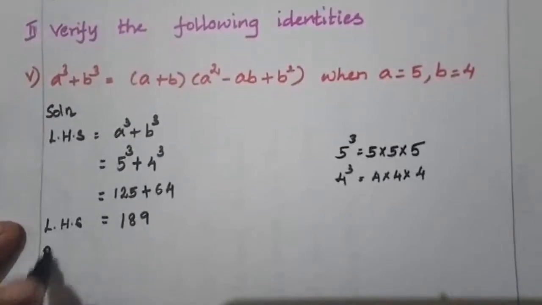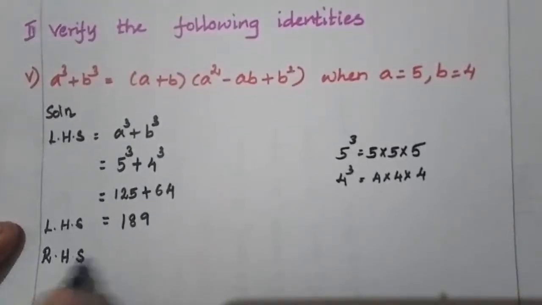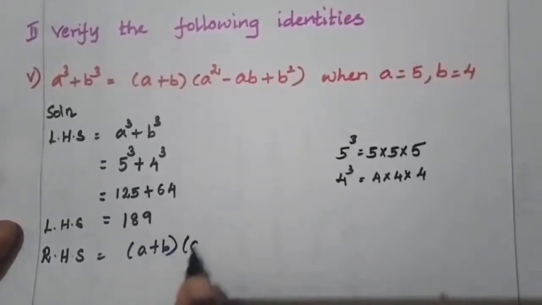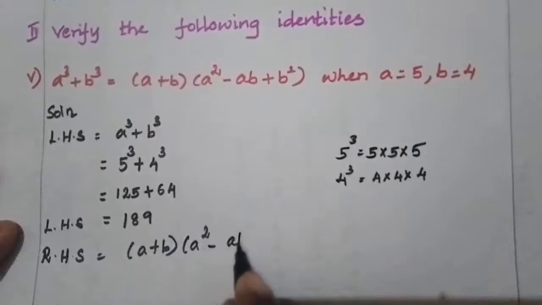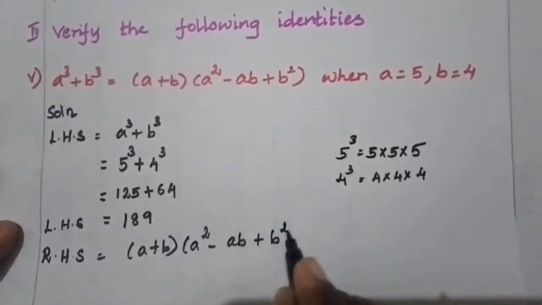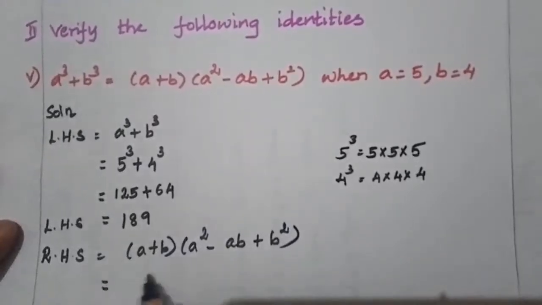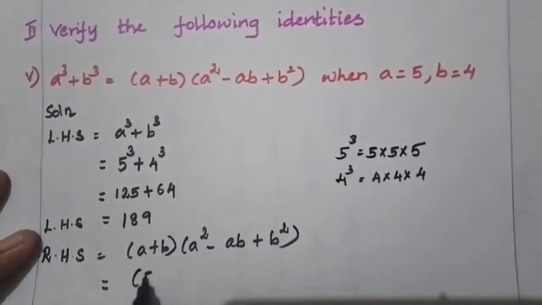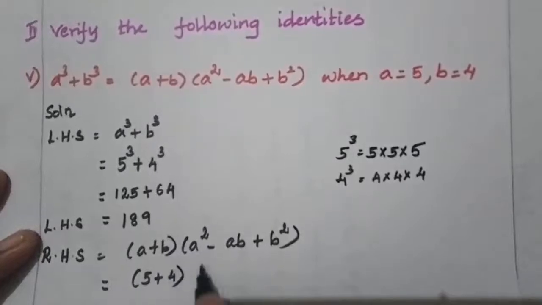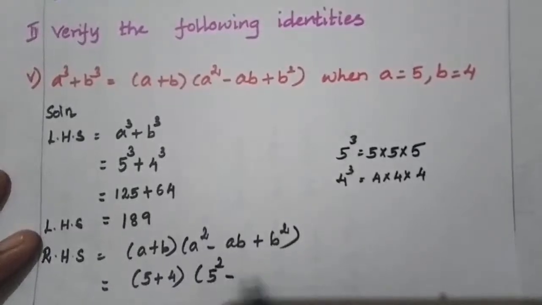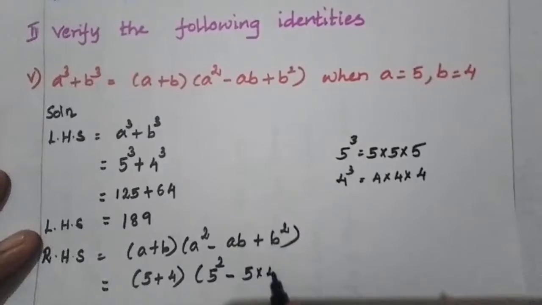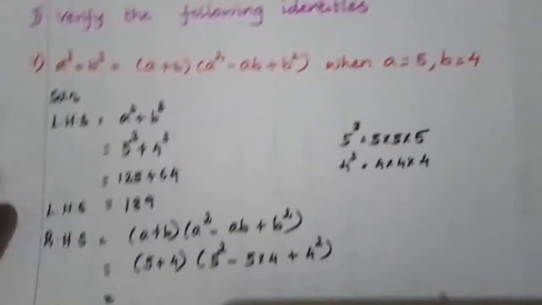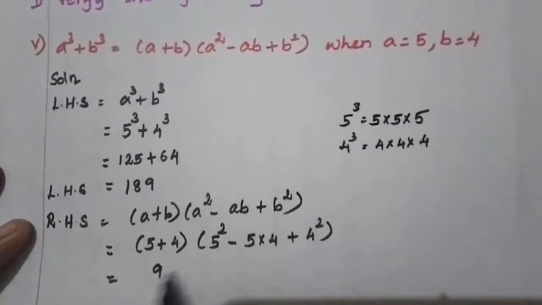Now, RHS. (a plus b) into (a square minus ab plus b square), which is equal to, now substitute the values of a and b here. (5 plus 4) into (5 square minus 5 into 4 plus 4 square). So, what's the value of 5 plus 4? It's 9.